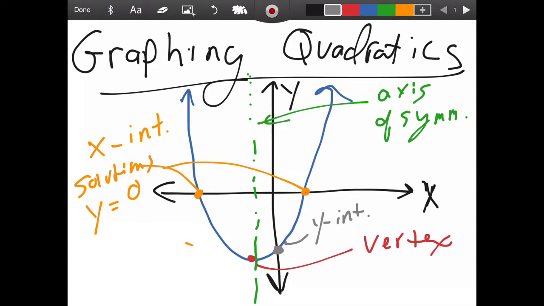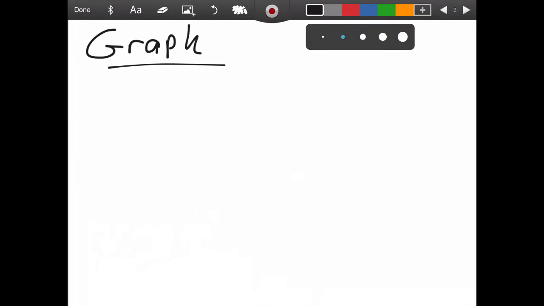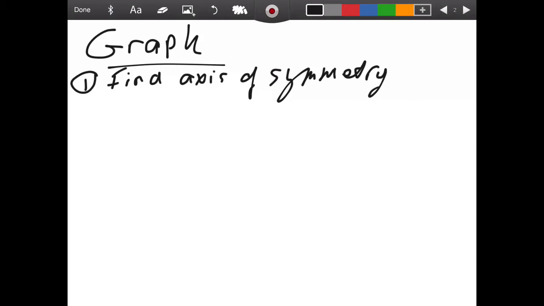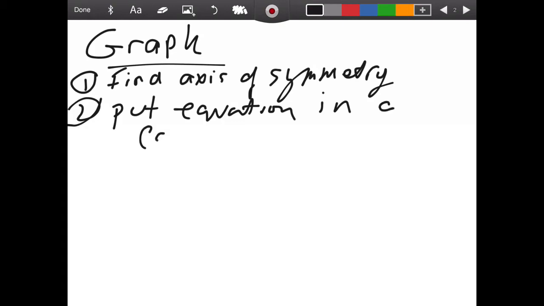Okay, so here is how we're going to do this. The first thing you're going to do is find the axis of symmetry. Then you're going to put the equation in the calculator in y1.